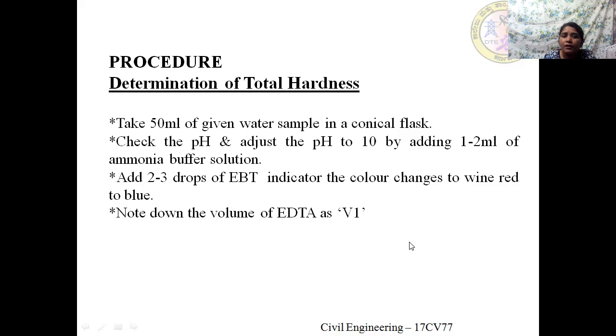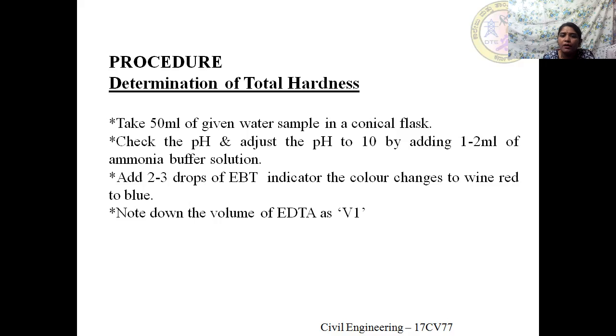The second part of the titration is determination of calcium hardness. We know hardness is due to calcium and magnesium ions. Therefore, total hardness is the sum of calcium hardness and magnesium hardness.